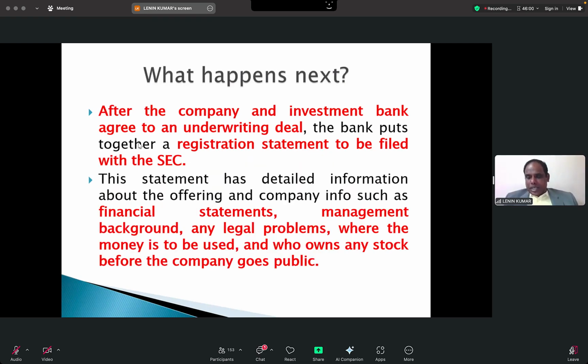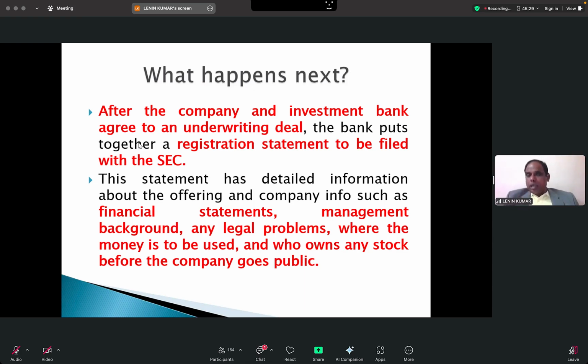What happens next is very, very important in the case of an IPO. After the company and the investment bank agree to an underwriting deal, the bank puts together a registration statement to be filed with the SEC.